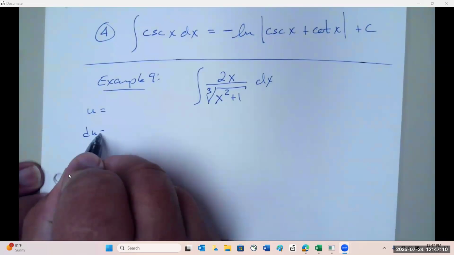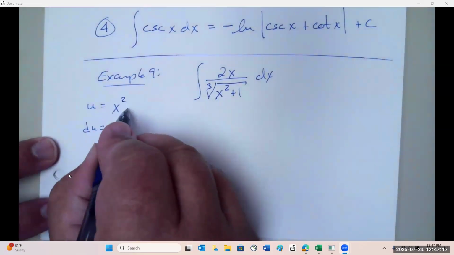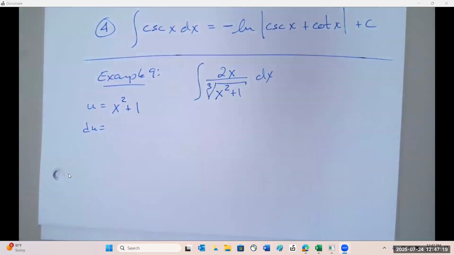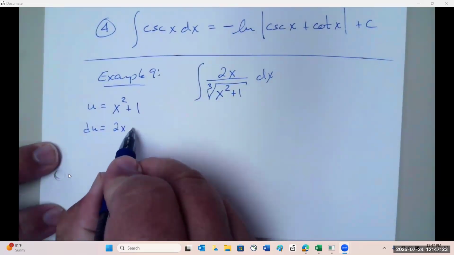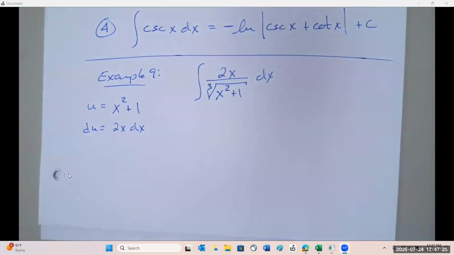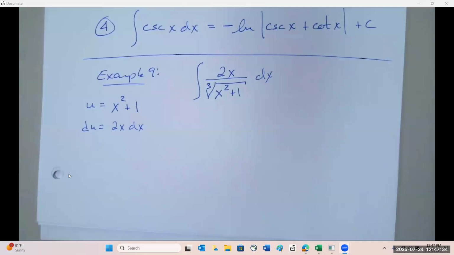And what's our du going to be? The interior function, yep, x squared plus 1. Two x dx. So we have 2x dx, that works.